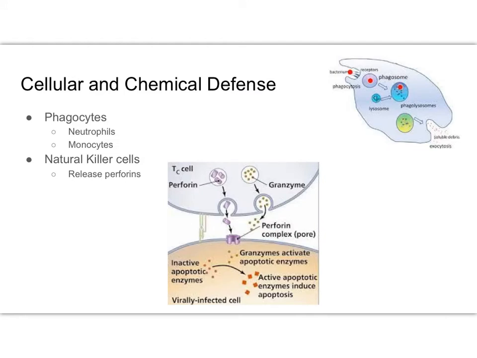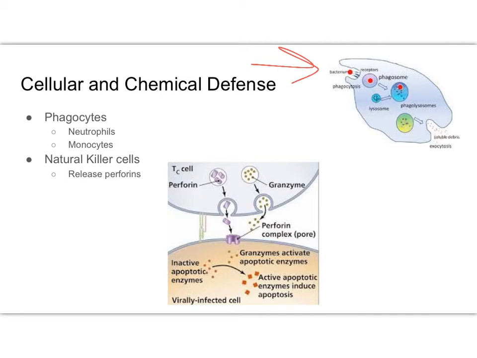We also have various cells and chemicals in our body that are also non-specific. So again, not looking for a particular pathogen here, just in general trying to protect you and keep you healthy. Our phagocytes, as a general rule, are non-specific. If you remember, we have a picture over here on the right of phagocytosis.